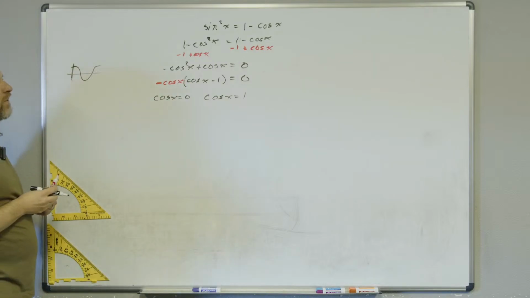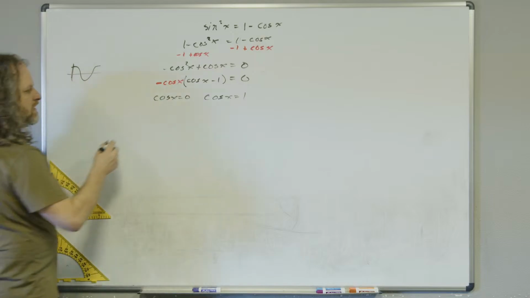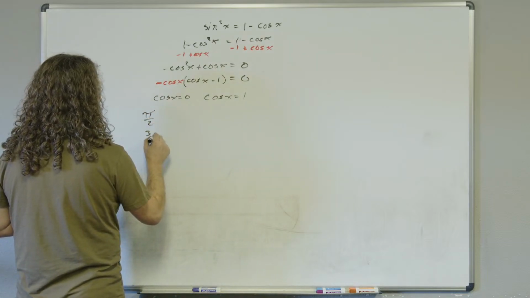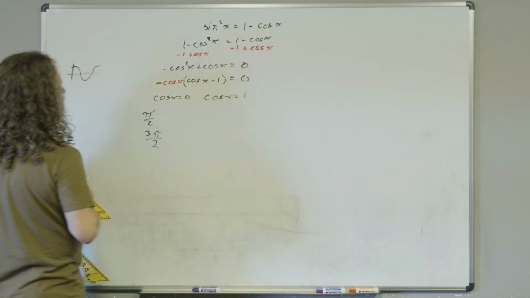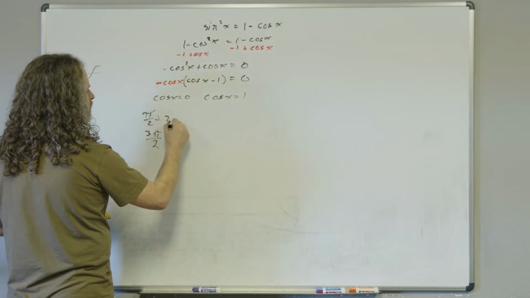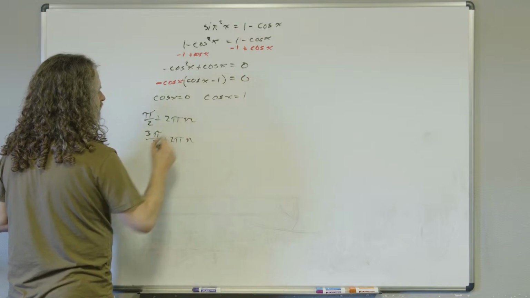Okay, so where is cosine x equal to 0? Pi over 2 and 3 pi over 2, right? Plus 2 pi n and plus 2 pi n.